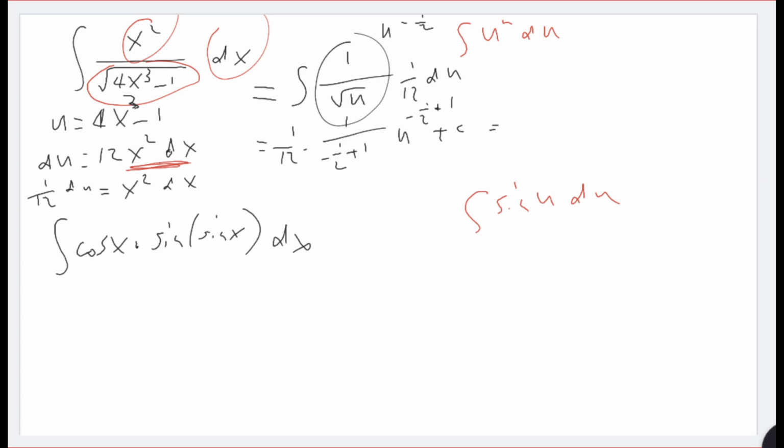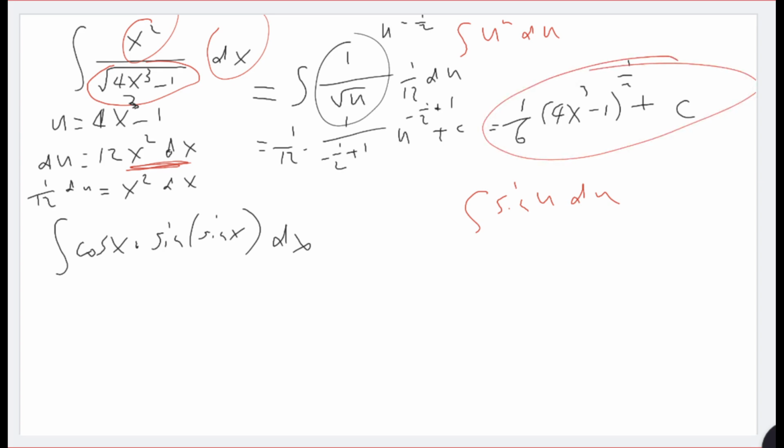Flip it is 2, so it's 2 over 12, which is 1/6. And then the u is replaced back by 4x to the third power minus 1, and the power, negative 1/2 plus 1 is positive 1/2, plus c. And then this is our final answer.